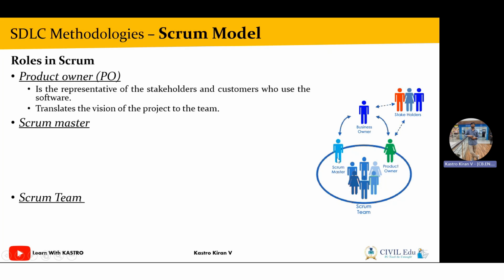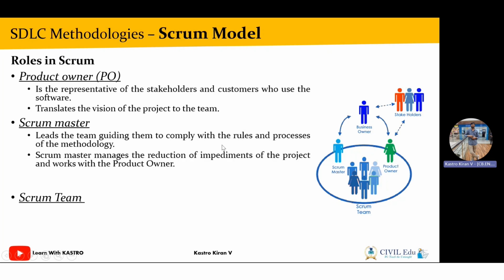Now here, the Scrum Master is somebody who will have a direct relation with the business owner, and the business owner is somebody who will have a direct relation with the stakeholders of the project. So the Scrum Master basically leads the team, guiding them to comply the work within the rules and process of the methodology. So he will ensure whether the work is going smoothly or not.